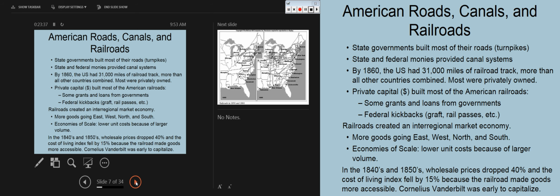The idea, guys, is that the South is stuck in a scenario where they have to depend on producing natural resources and trading those natural resources for finished products. All right?